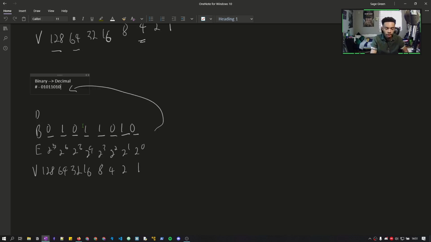So how do we find the decimal number? Let's just mark the value of every time a 1 appears in our binary number. So we have a 64 right here. We have a 16 right here, an 8 right here, and a 2 right here. Now all we have to do is add these values.